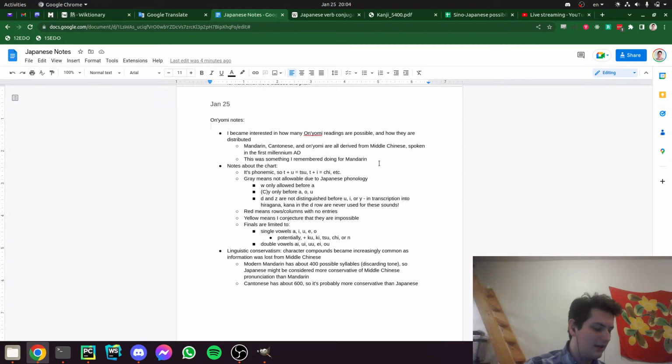So tone isn't just randomly scattered across other features of pronunciation, but Japanese, obviously, throws out tone. So, leaving that aside, Mandarin is about 400. I'll get into what I have so far and the number I came up with, and then I'll compare that more specifically to modern Chinese varieties.